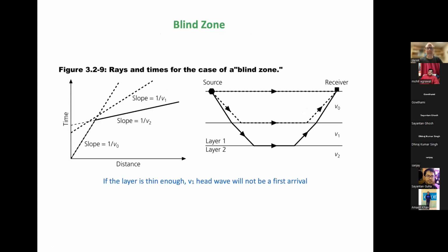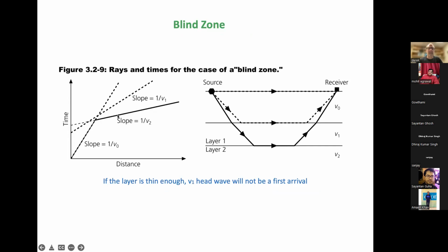Also, if the layer is thin enough, what can happen is the second head wave can come in quicker than the first head wave. So here, this dashed line shows the slope 1 over V1. This is the arrival time of the first head wave, and this is the arrival time of the second head wave.